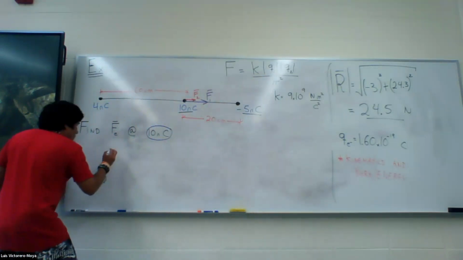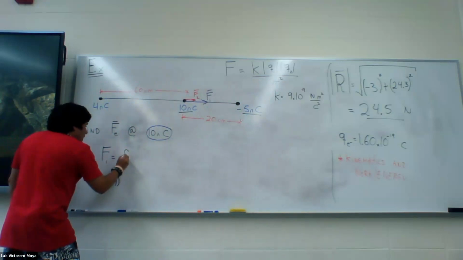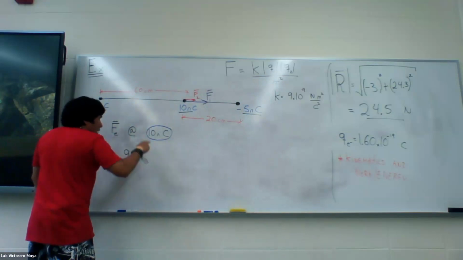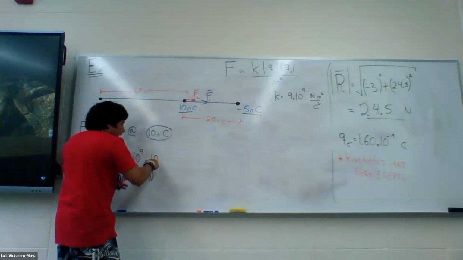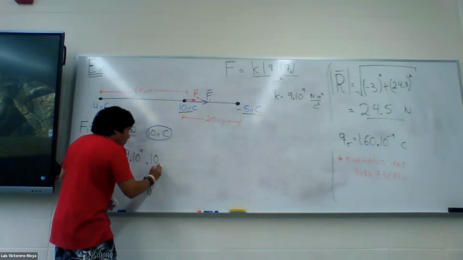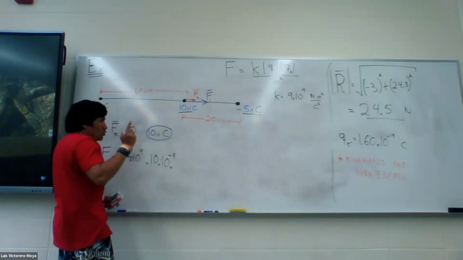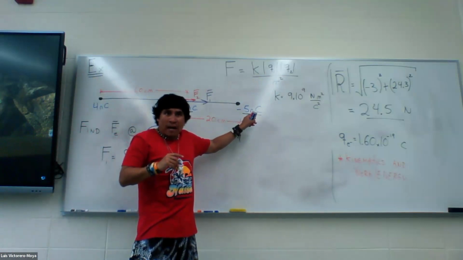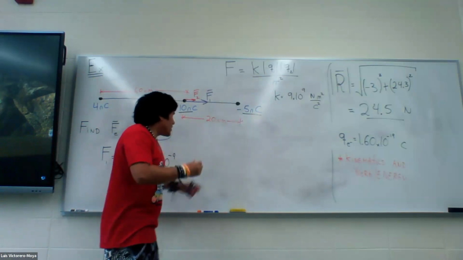So F1 is K times Q1, 10 nanocoulombs, times Q2, the absolute value of negative 5, which is 5 nanocoulombs, 5 times 10 to the negative 9.